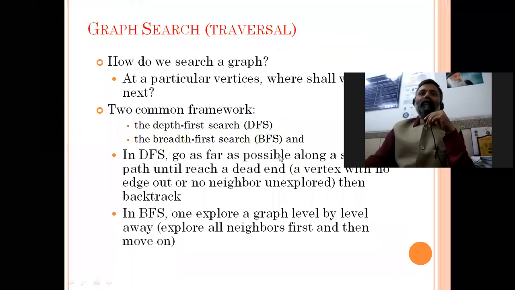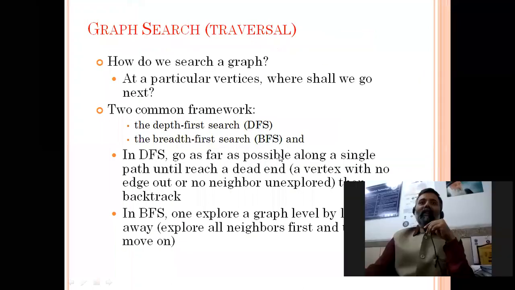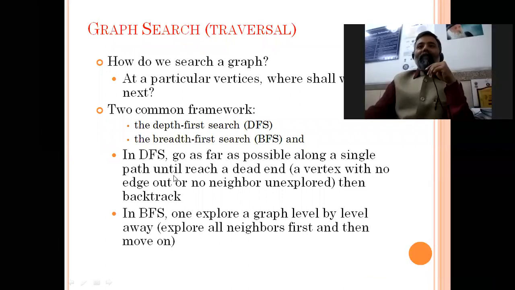In traversing, at a particular vertex we will start, and we will go next and then next. There are two common approaches. The first one is depth first search, and the second one is breadth first search. In DFS, we start from a single node, select a particular path, and follow that path till we reach a dead end.